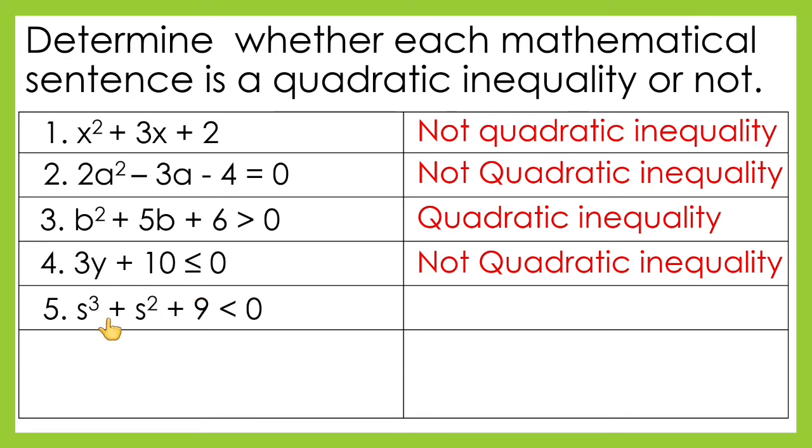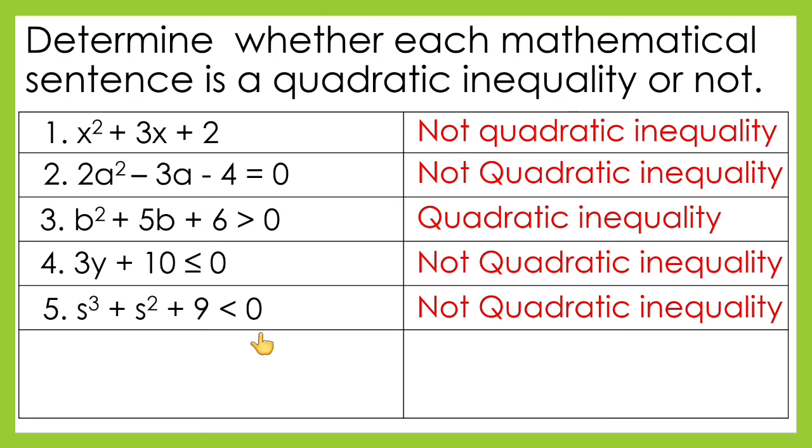Number 5, s cubed plus s squared plus 9 is less than 0. This is not quadratic inequality. Dahil ang highest degree ay 3. Dapat ang degree niya lang ay 2.